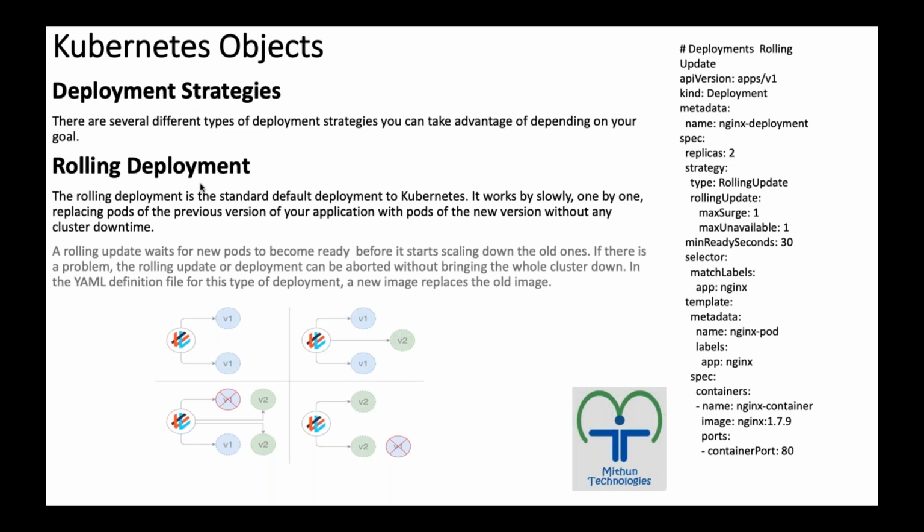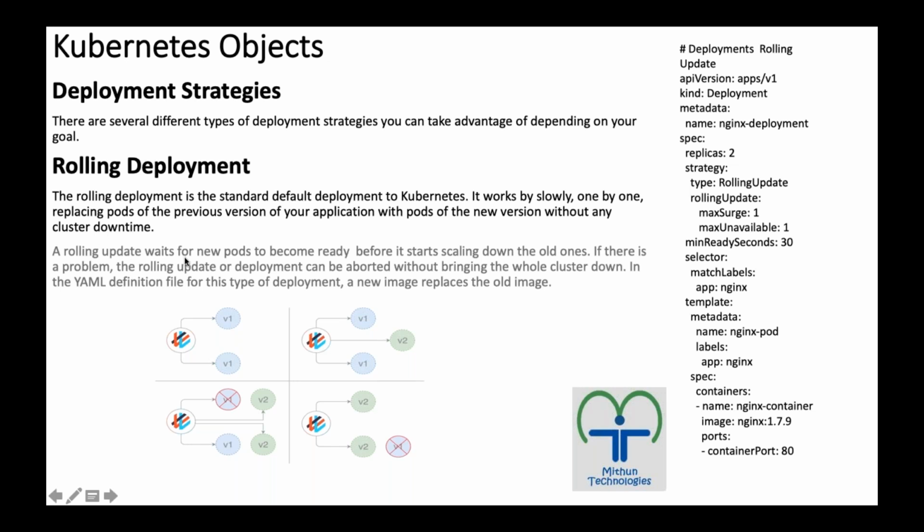No, right? So the rolling deployment is the standard deployment of Kubernetes. It works slowly, one by one, replacing the pods of the previous version of your application with pods of the new version of the application without any downtime.